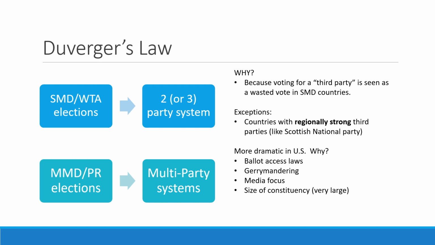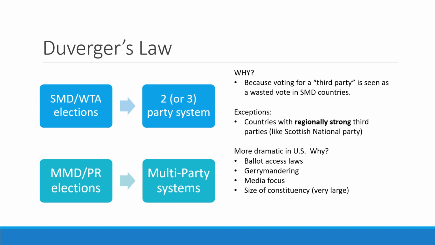Also the media, because they see it as a wasted vote for a third party, is less likely to cover third party or minor party candidates. And the other thing we've got going in the United States is that our constituencies are regionally very large, and our US Congress members represent a very large amount.